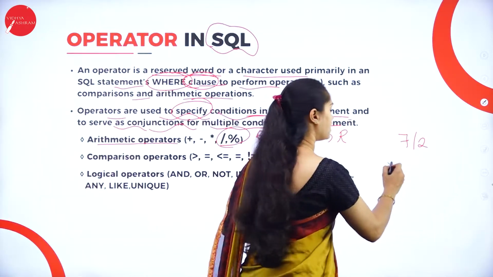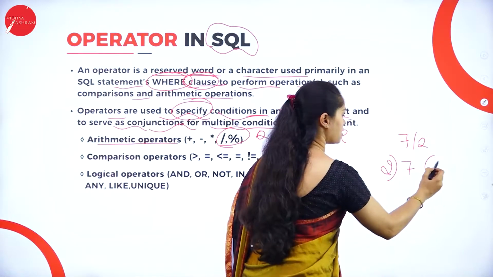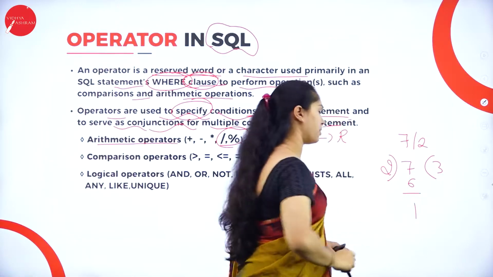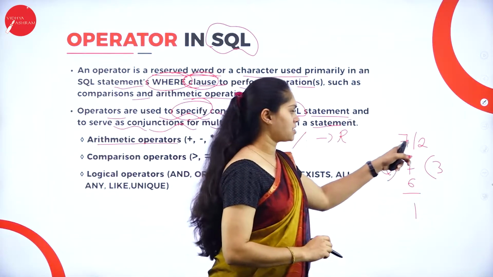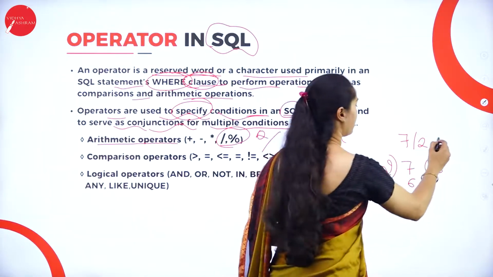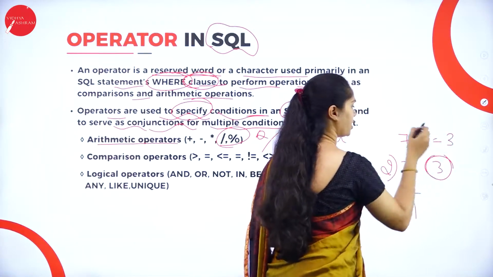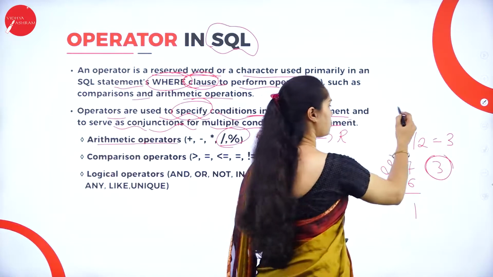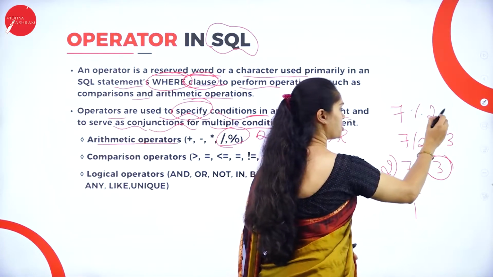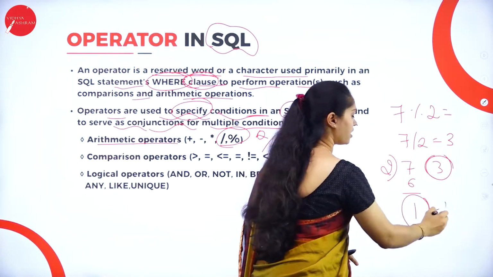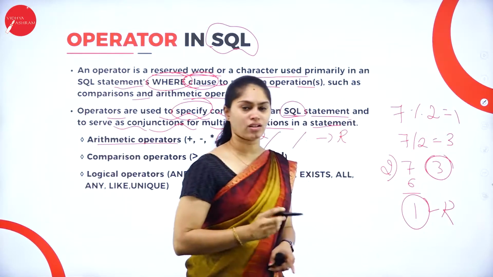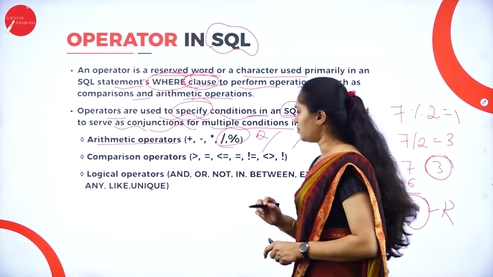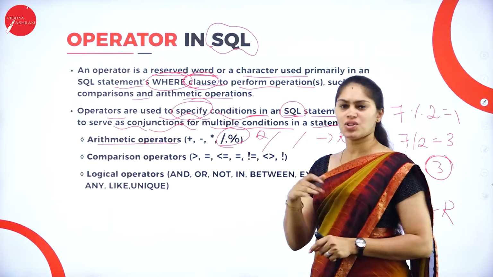Slash. So 2 threes are 6 and the remainder will be 1. If I use 7/2, or 7 divided by 2, it will return the quotient value 3. And if I use 7 modulus 2, instead of returning 3, it will return the remainder value, that is 1. So you have to remember this difference when deciding to use slash and when to use modulus.